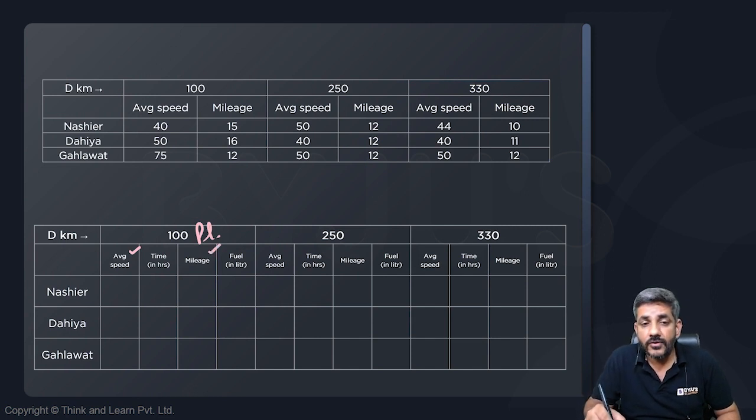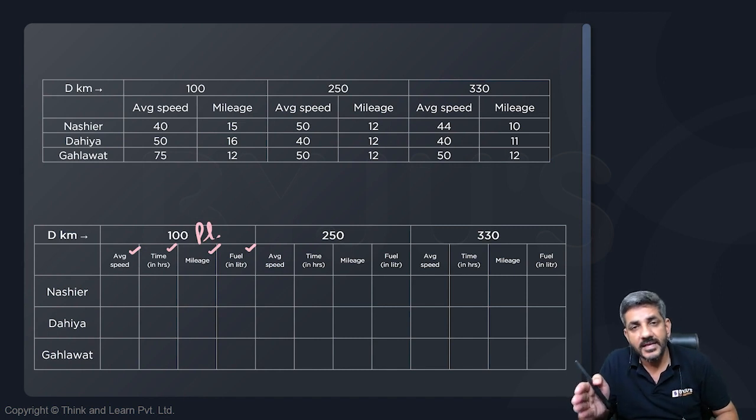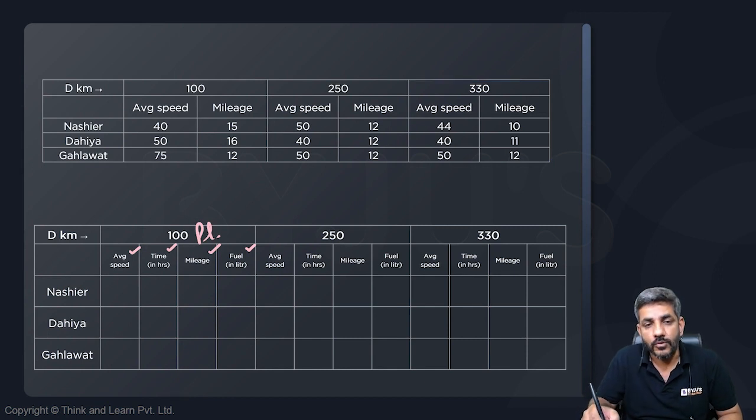From mileage, I can calculate the fuel consumed in liters, and from the average speed, I can find out the time taken to cover that distance. The same I have done for the next terrain of hills, and the next terrain of snow. So let's start using them one by one.